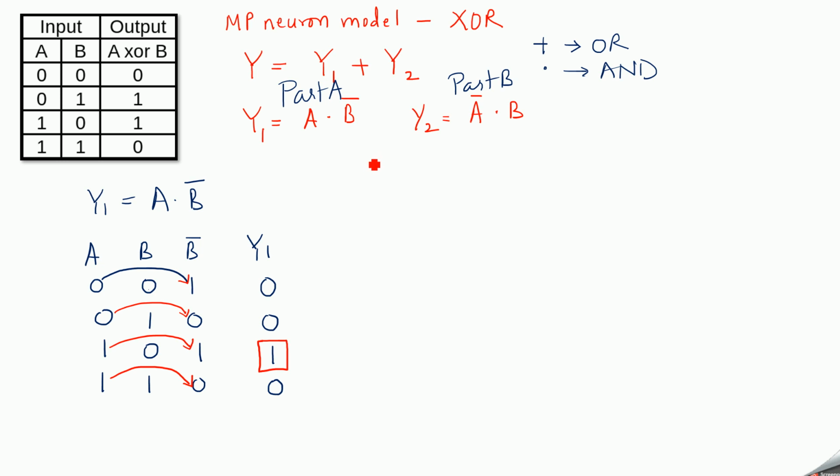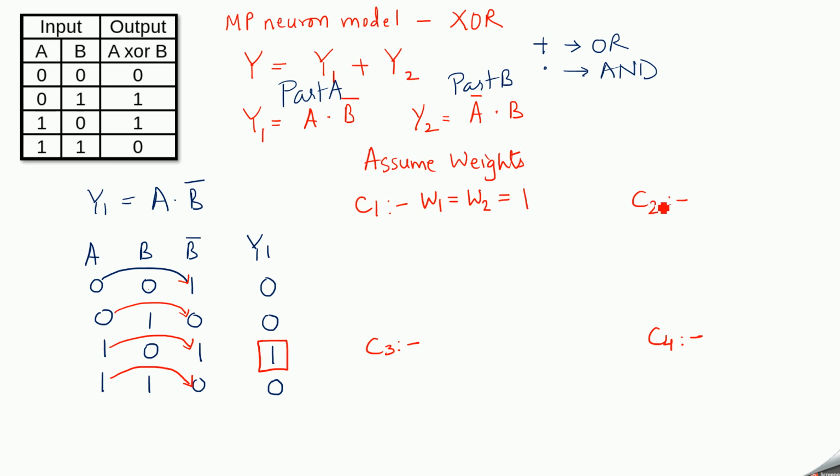So let us assume the weights. As we all know, we consider 4 cases. In case 1, we consider the weights W1 equal to W2, equal to 1.